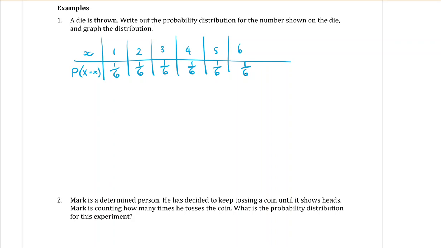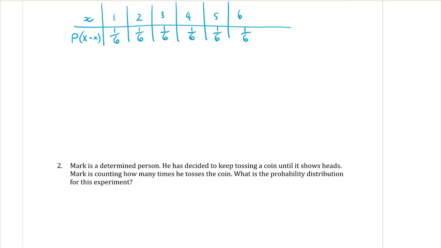We are also asked to draw a graph of that distribution, which is pretty basic. Our x-axis is obviously going to be for x, our variable, and we have the numbers 1, 2, 3, 4, 5, and 6.